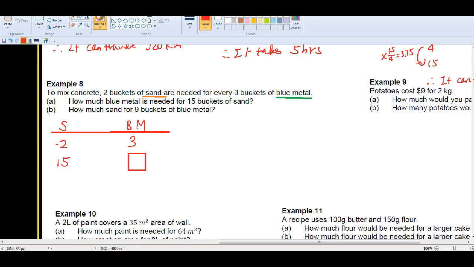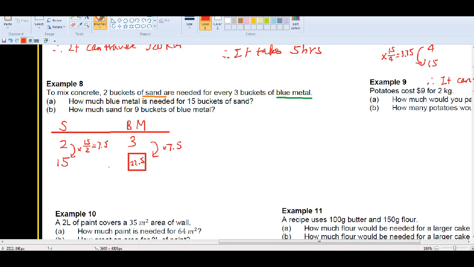Okay, good. And think about the factor here, times what. Okay, so I'm running out of space again. So this one times 15 over 2, 7.5 times. Okay, that means here you must times 7.5. Okay, so this will give you 22.5.